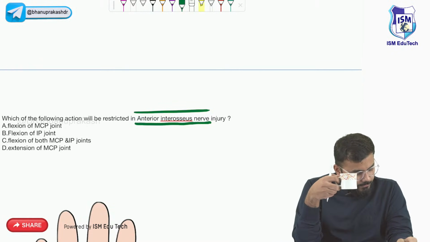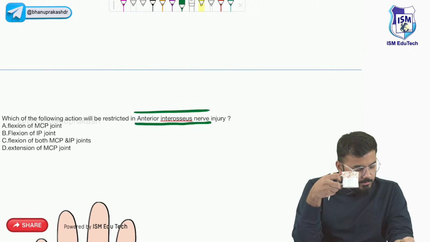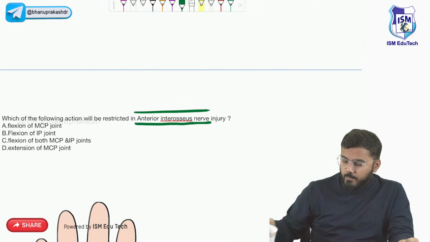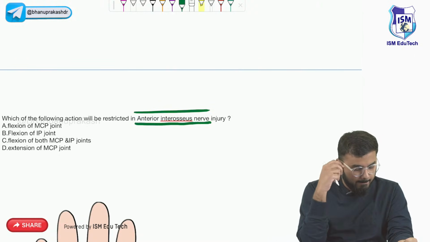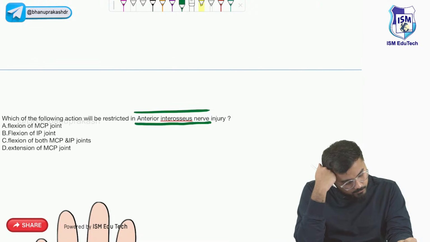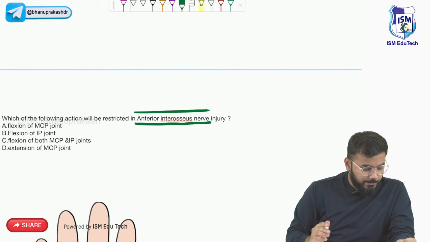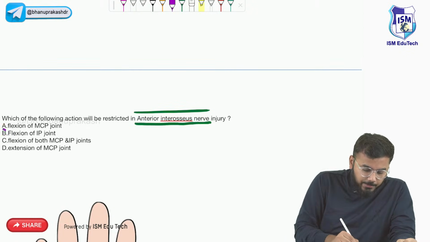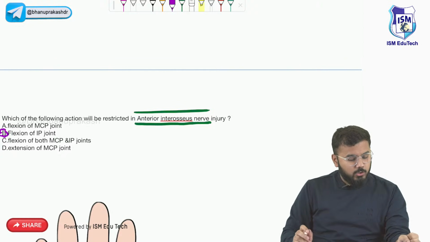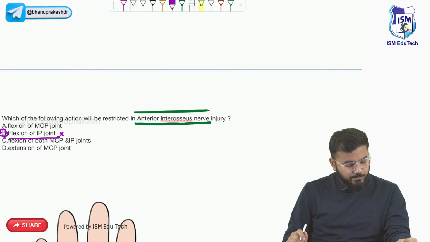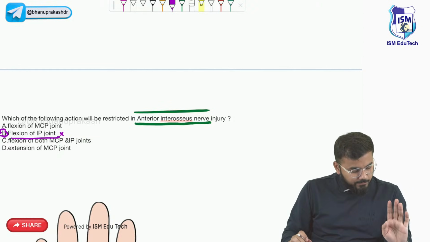Adil, Lipun, Muhammad Yunus. Very good. Dr. Lipun is telling that flexion of the interphalangeal joint will not happen. Very good. Clear, everyone?